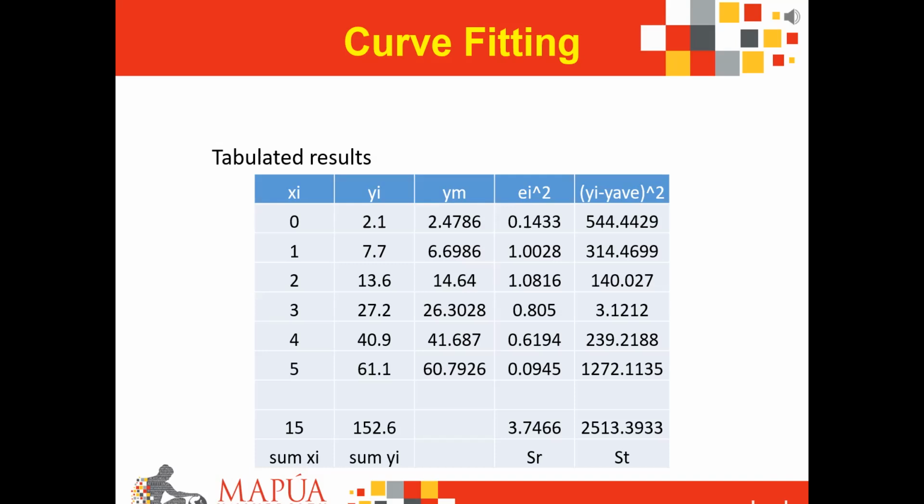And then solve for the standard deviation of y by obtaining the average value of y and then subtracting the average value of y from each given yi, and then squaring this difference, thus ending up with a total standard deviation of y equivalent to 2513.3933.